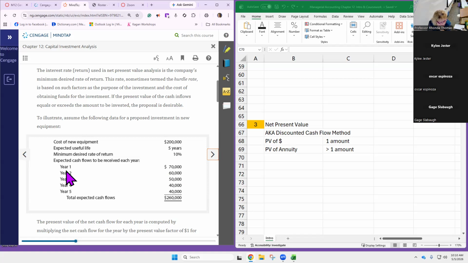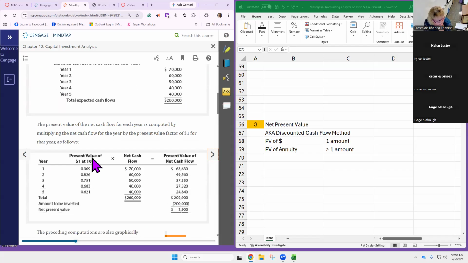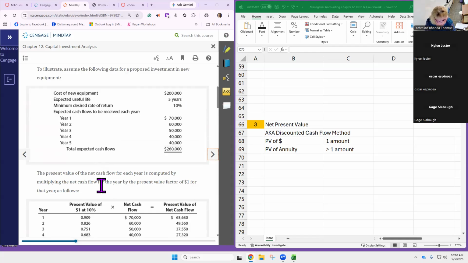Then the expected cash flow to be received each year. Notice each one of these is different except these 2 years. So this is the total expected cash flow. All right, so we're looking at 5 years.